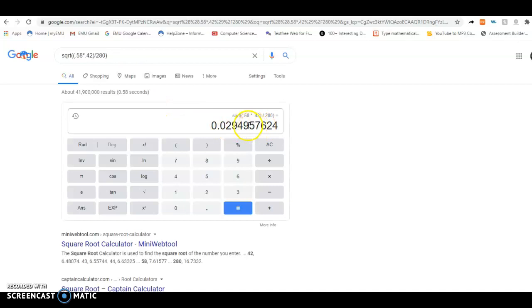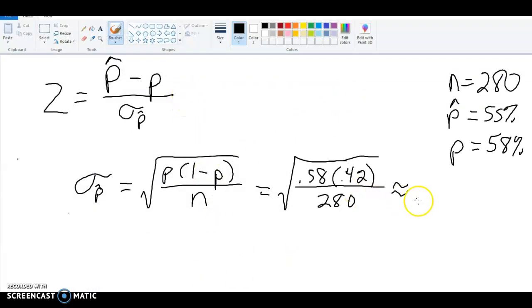It said 4 decimal places. Let's go ahead and carry it, 0.02950. And that would be right here, 0.02950. And then we'll just carry that up here.